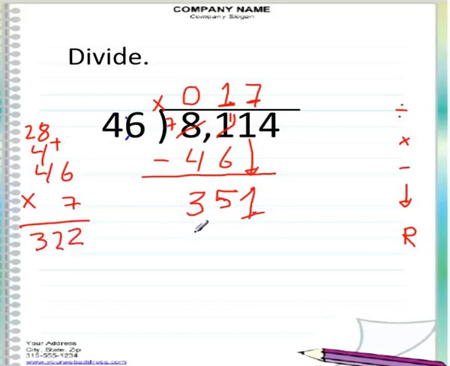So it's a reasonable or suitable answer because it's less than 351. So I divided, then I multiplied, now I will subtract.